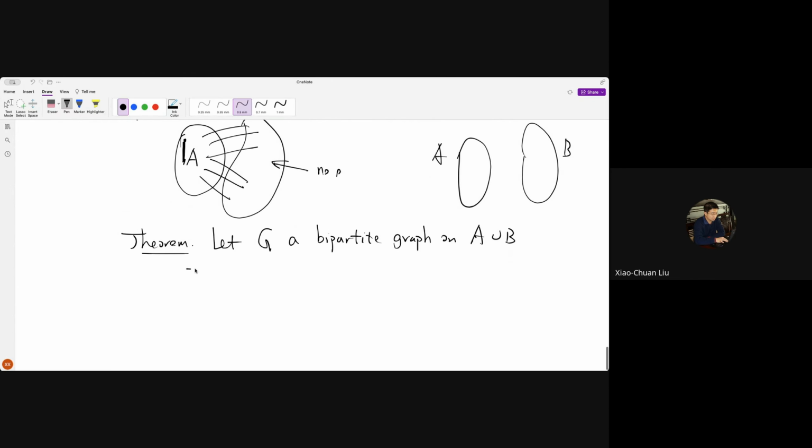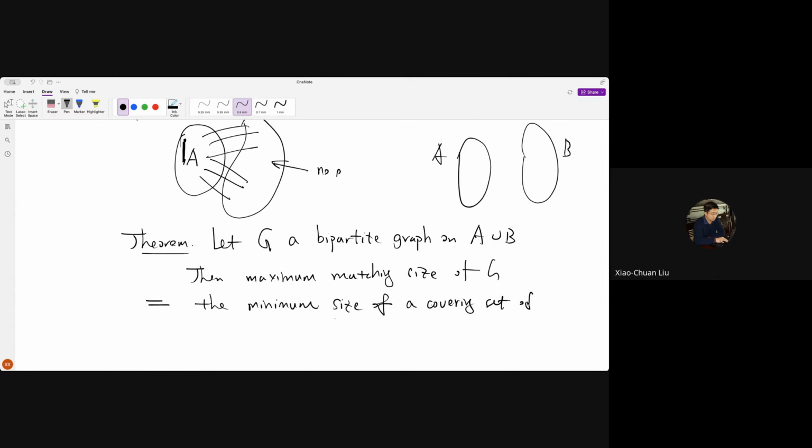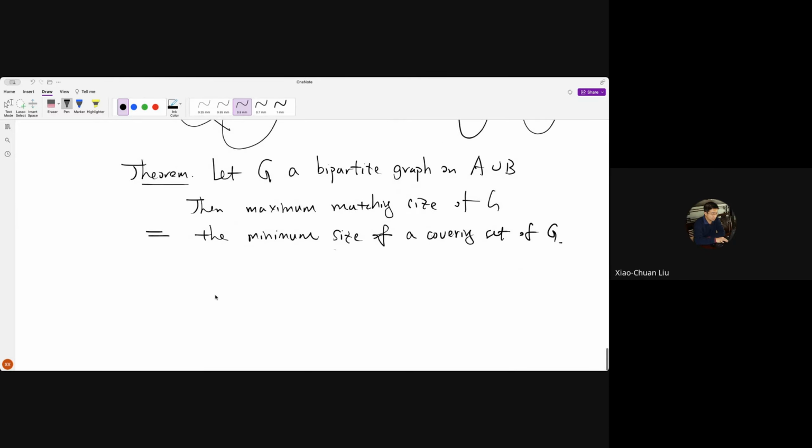In this case, the matching number, meaning the maximum matching size, equals the minimum covering number, the minimum size of a covering set.